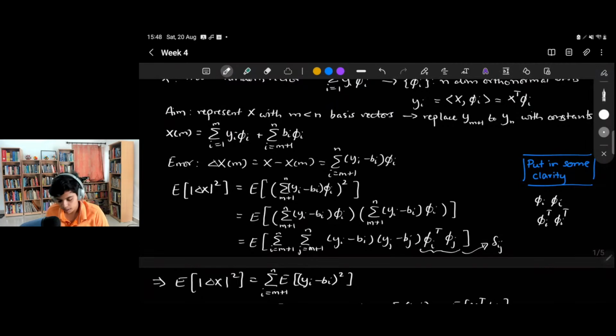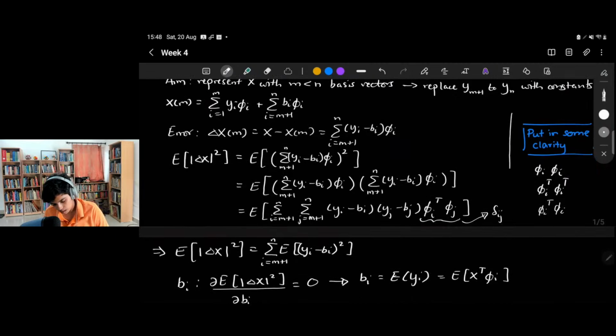To get a number, you would need to use this particular combination of phi I transpose phi I. I would write it down a little bit better over here in this margin. Basically the crux is from this step. So before I upload these lecture notes, I would put that in a little better as to why this phi transpose is there. But intuitively you can think that the error needs to be a number, and how would you get a number from vectors.